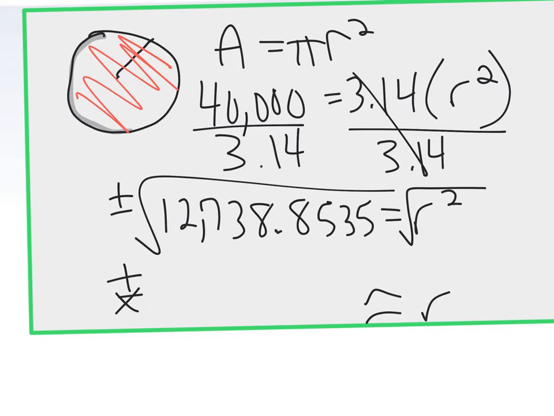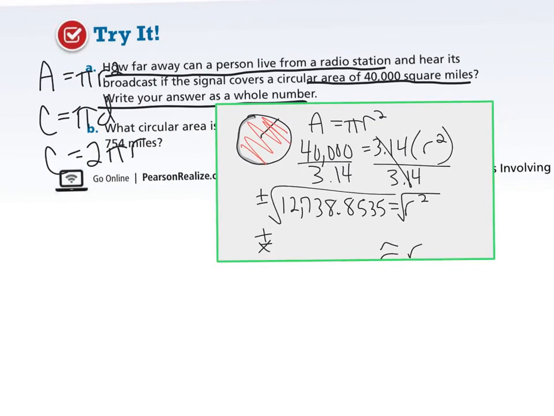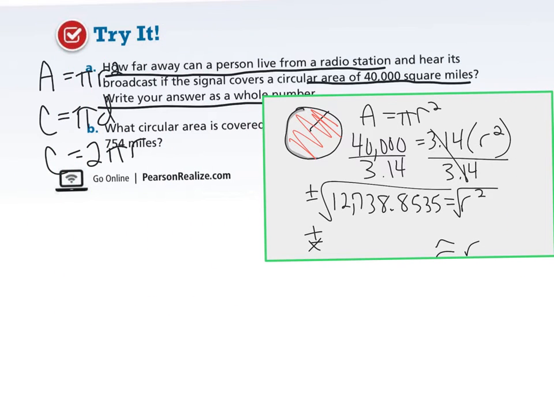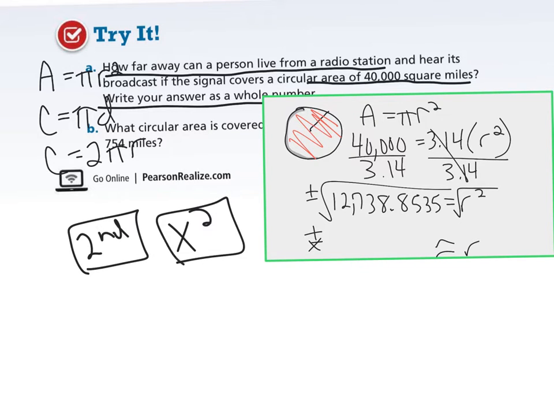Okay? So what you can do in order to work that out on your calculator, to do the square root, remember square root, you've got to hit second and then your x squared button in order to get the square root.